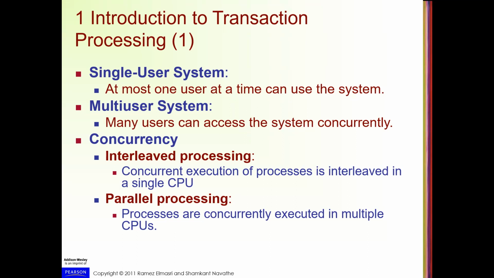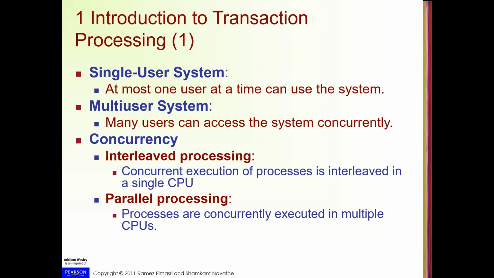It means that a single CPU is running more than one transaction at a time, and these transactions are using the CPU time one at a time. For example, transaction one works, then transaction two stops working for some time until T1 finishes. So it is like an interleaved fashion. Whenever the transaction gets the CPU time, it executes. Here we have a single CPU. This is called interleaved processing.